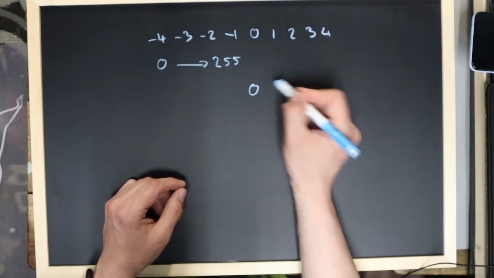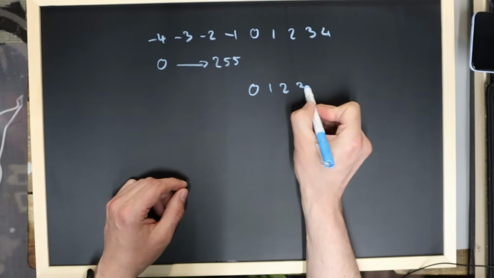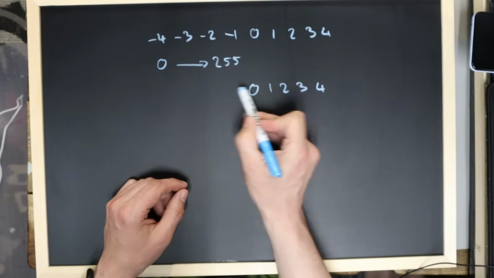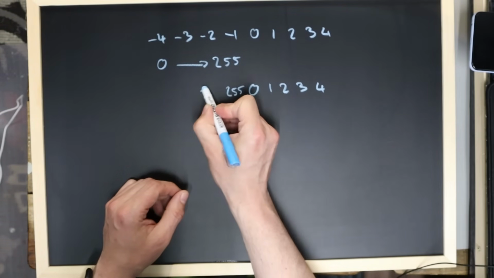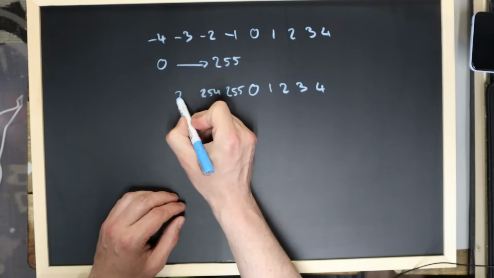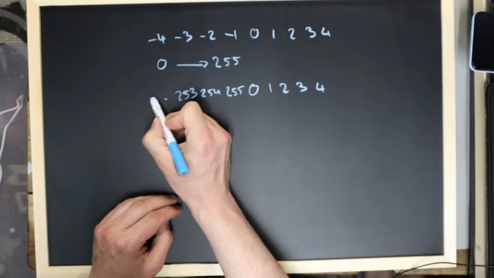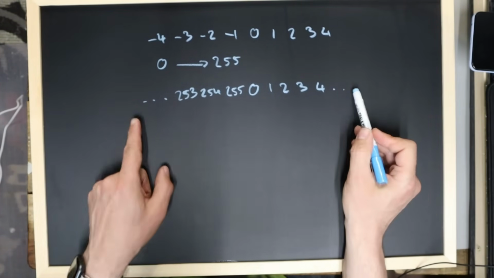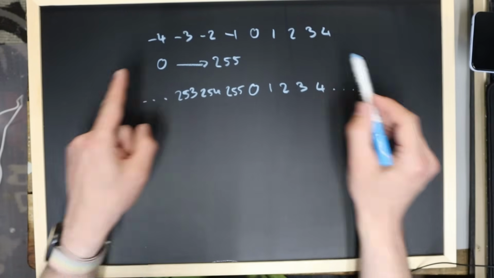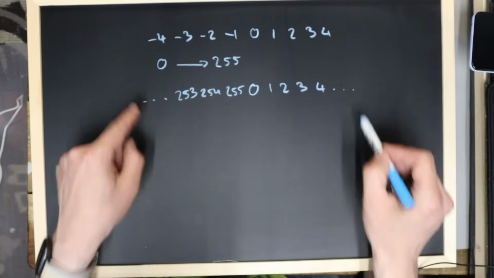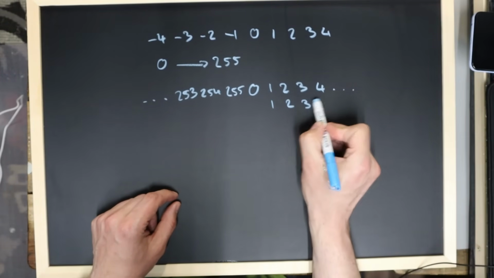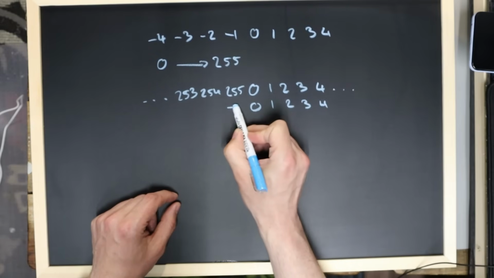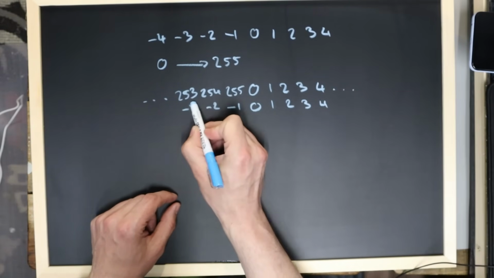What if we had 0 in the middle, and then it went 1, 2, 3, 4, and then the other way, it went 255, 254, 253, and so on. And these are now connected and eventually wrap around to join each other. That now means that's 0, that's 1, 2, 3, 4. This is now -1, -2, and -3.